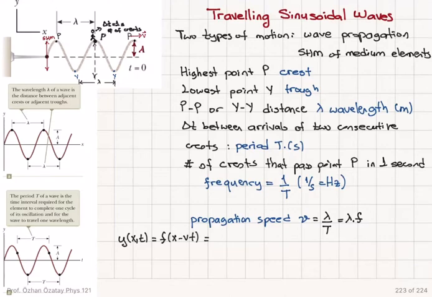If I apply this to a sinusoidal function, it should be of the form amplitude times sine of a(x minus vt).